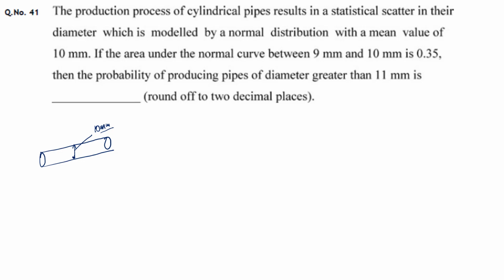So that variation here is shown in terms of normal distribution. So if you see the normal distribution, then it looks like something like this, where this is the mean value, and in the left hand side and the right hand side both area is equal, right?